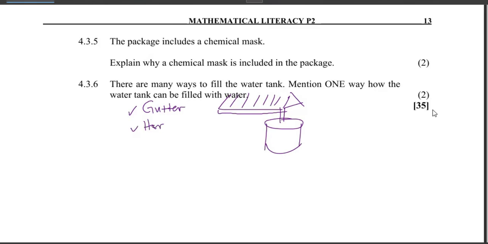You connect to the tap, then you put the water in the tank. If not a hose pipe, you can use what? A pump itself, like a borehole pump, right? You get water from underground, then they fill up the tank. Okay. Others can use buckets. You can use a bucket to fill up the tank. You collect water as you fill it up.